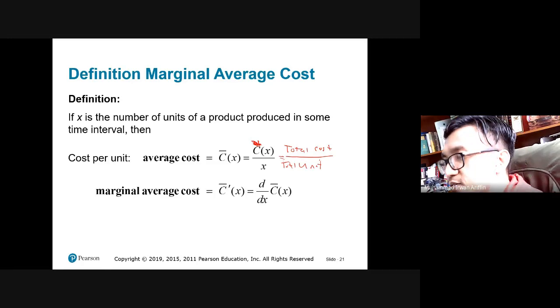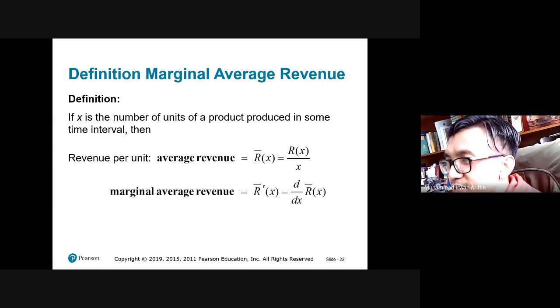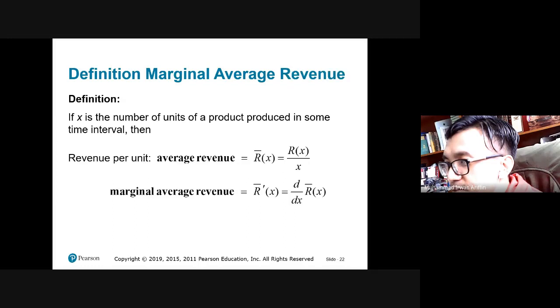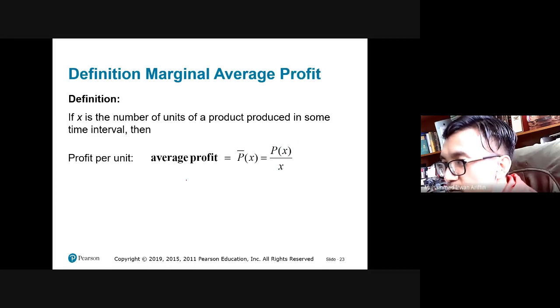Marginal average cost would be when we differentiate the average cost with respect to x. Similarly, for revenue and profit, we can do the same. Take note, there is no bar sign here. To find average revenue, we simply take total revenue divided by quantity, and to find the average profit, we take total profit divided by quantity.